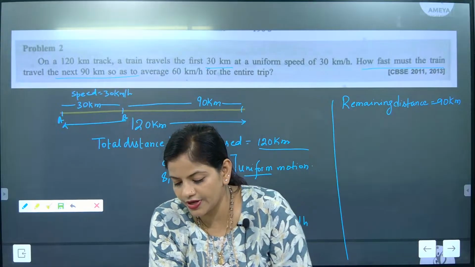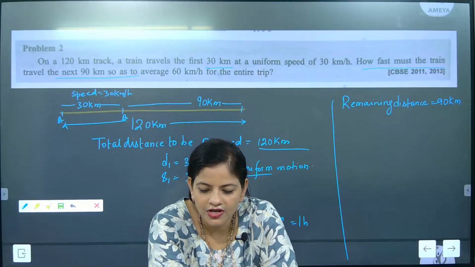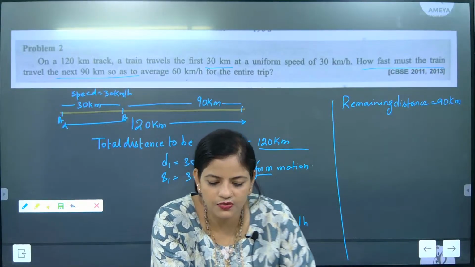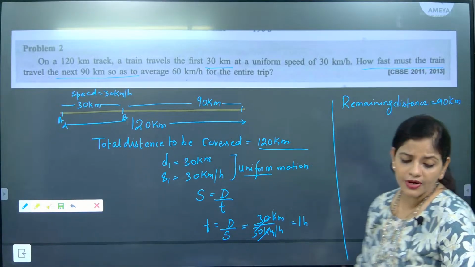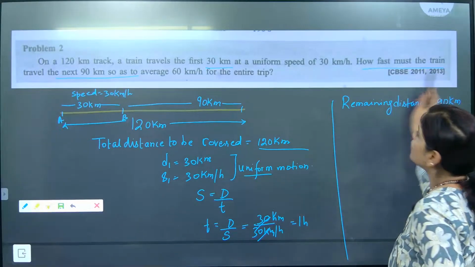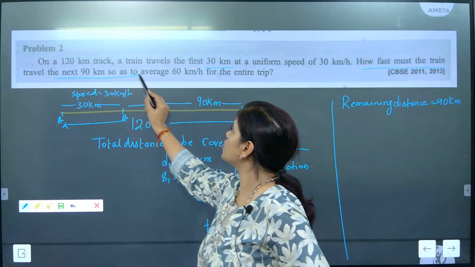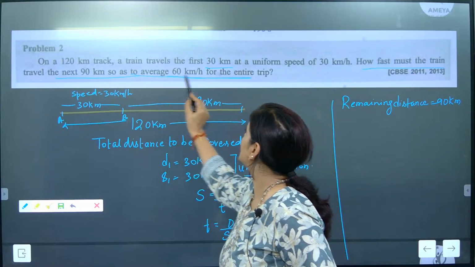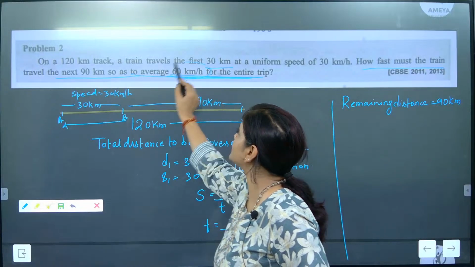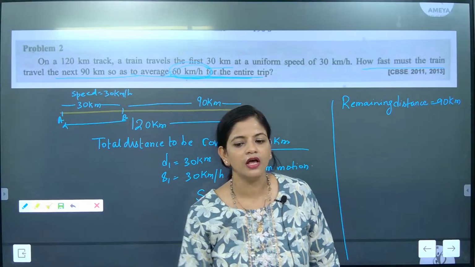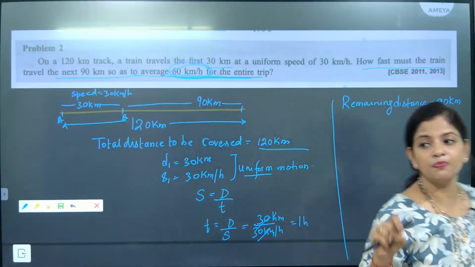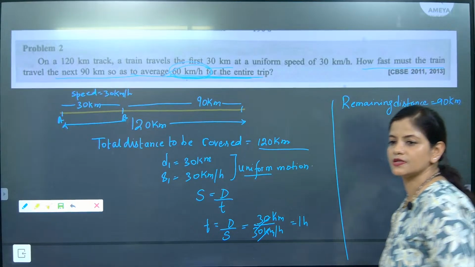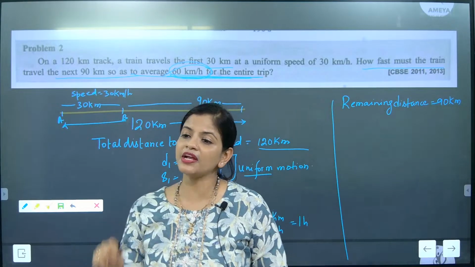Let's check this one out, beta. Now let's check this part: remaining distance is 90. But what the question has given you is the next kilometers. So the average speed is given as 60 kilometers per hour. This is the real catch. What is the speed given to you?